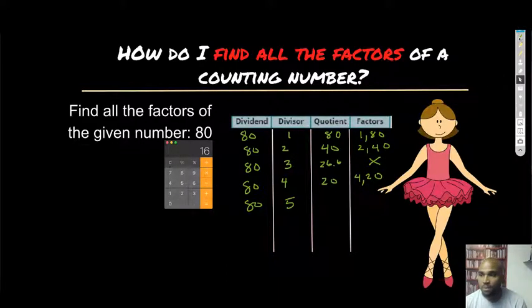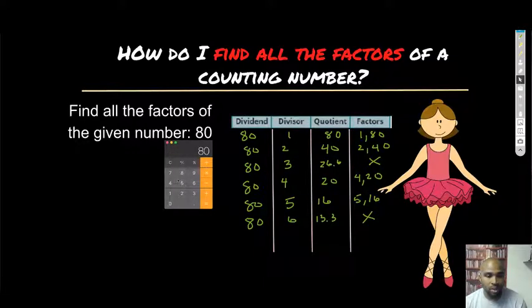No, 16. So I know 5 and 16 will work. 80 divided by 6, pretty sure that's not going to work, but I'll check it anyway. 80 divided by 6 is 13.3. That is a decimal, so note those aren't going to be factors.